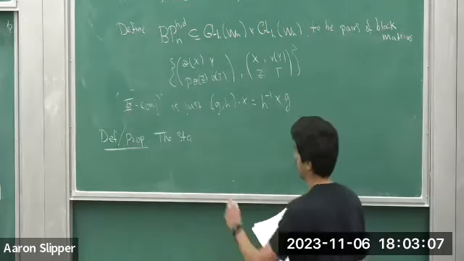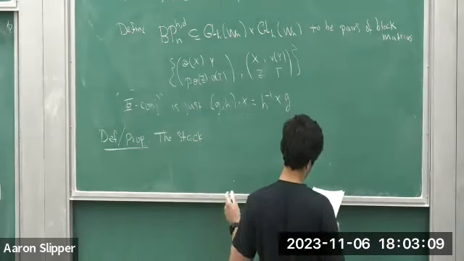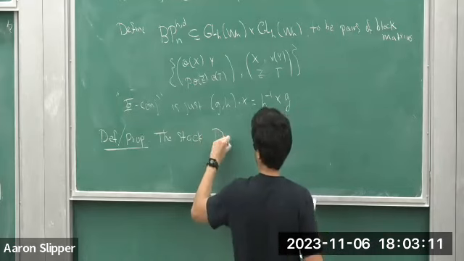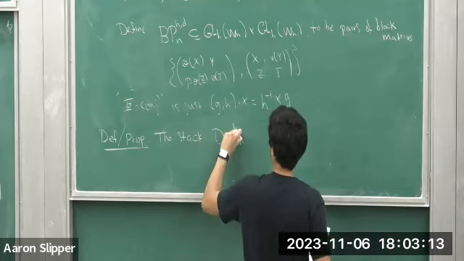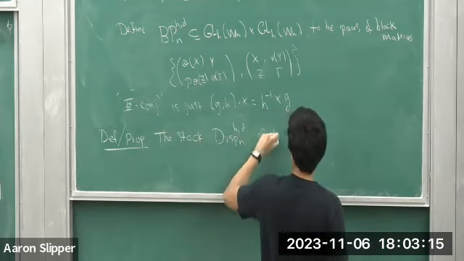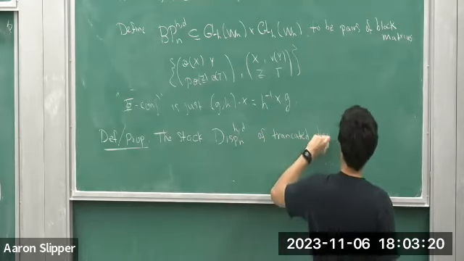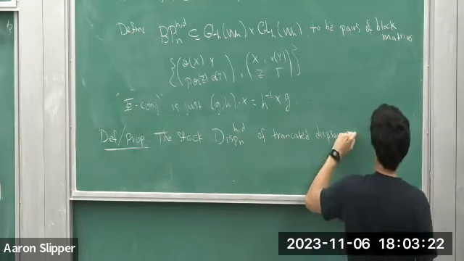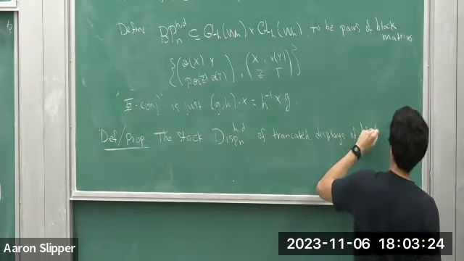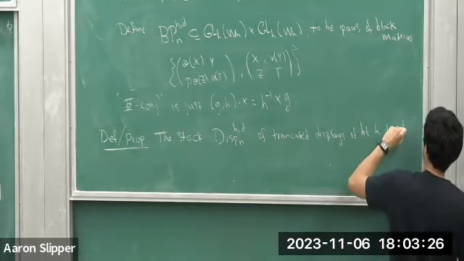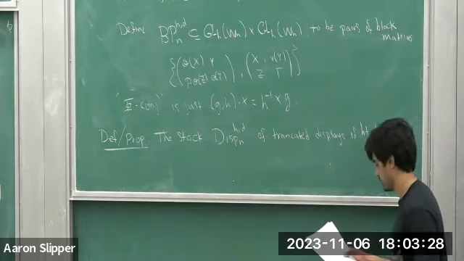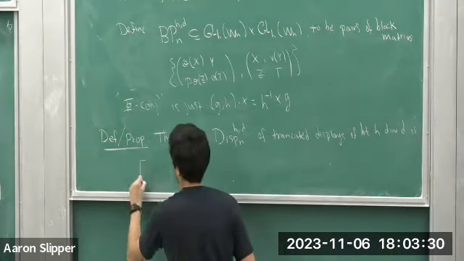So the stack of truncated displays of level n, H in dimension 3, is the quotient.